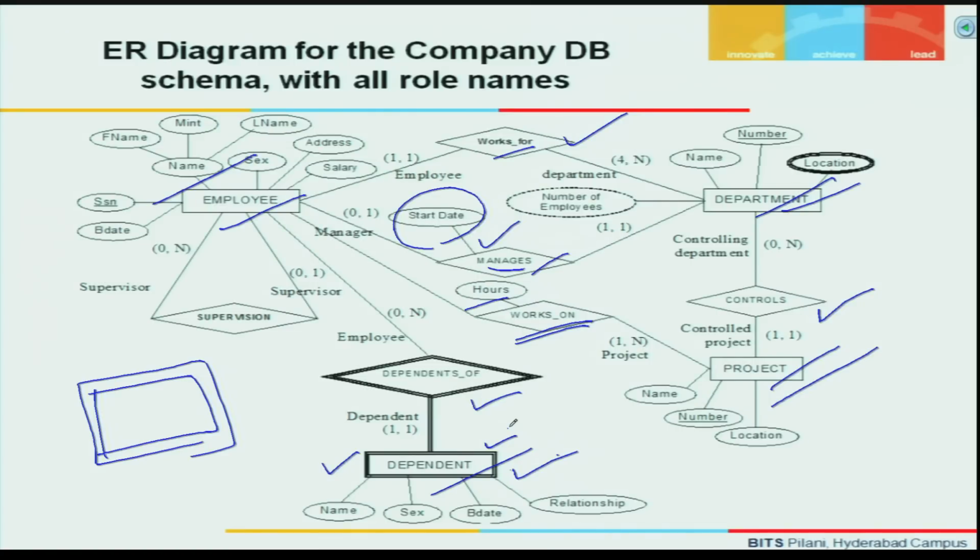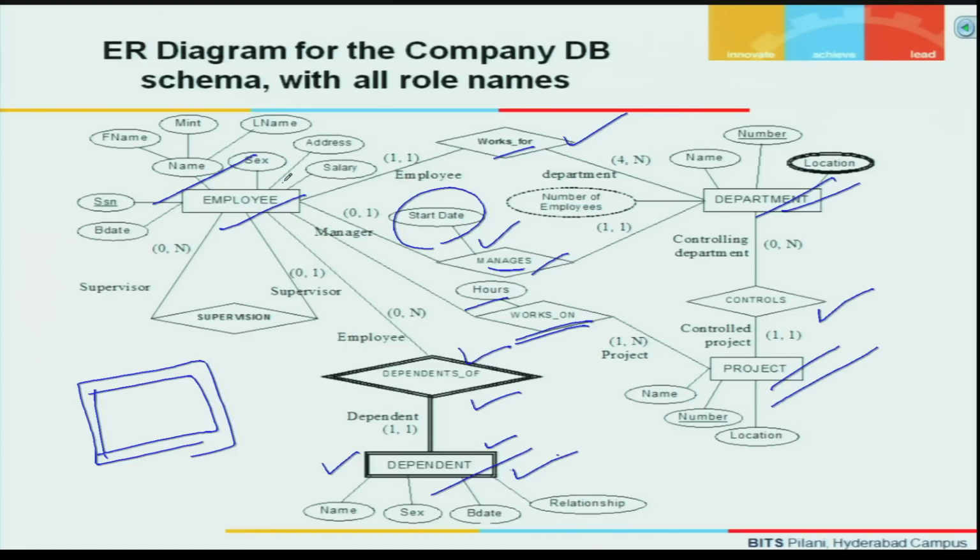Here in this case, dependents belong to employees, that's why I have an identifying relationship between the dependent weak entity type and the employee strong entity type, which is going to provide unique identification.